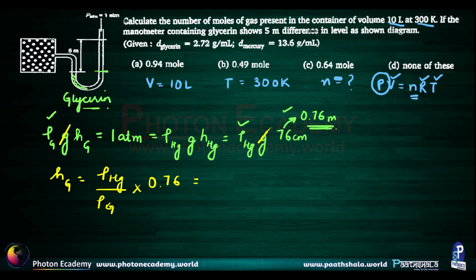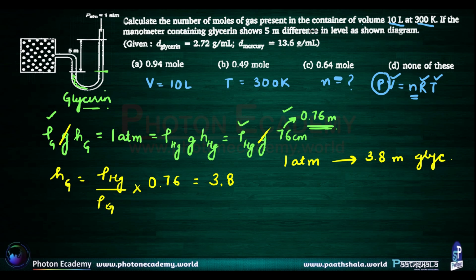Plugging in the value of ρ mercury as 13.6 divided by ρ glycerin, which is 2.72, multiplied by the height of the mercury column, which is 0.76, this comes out to be 3.8. So therefore, 1 atm pressure would correspond to 3.8 meters in the glycerin column.